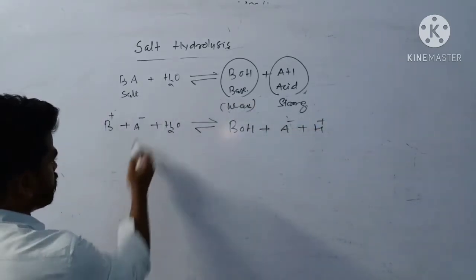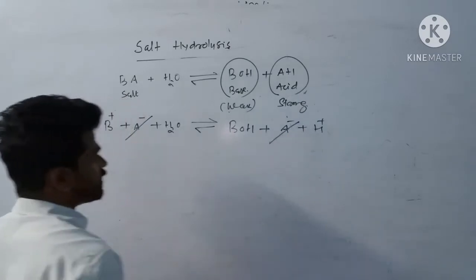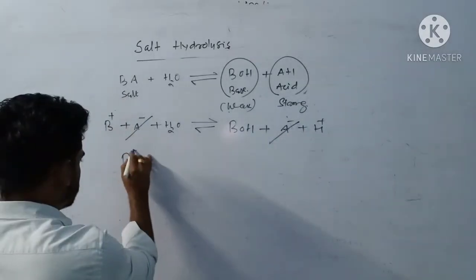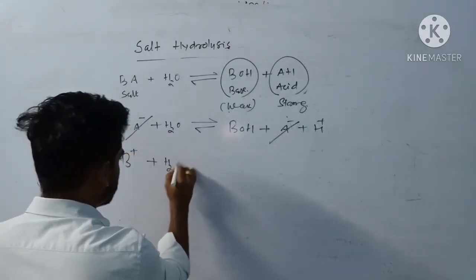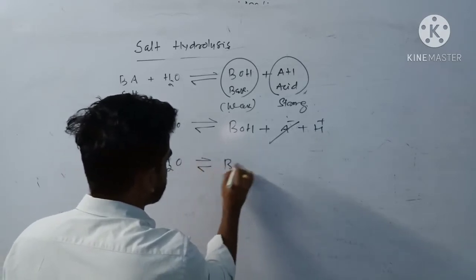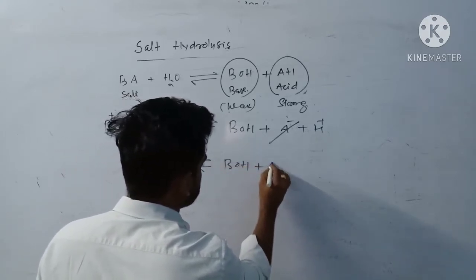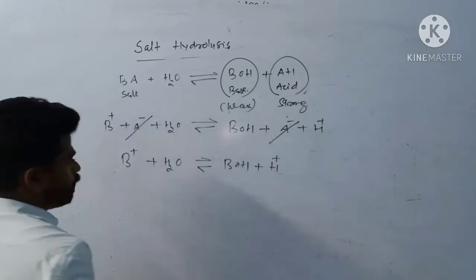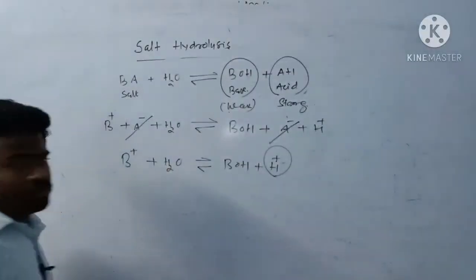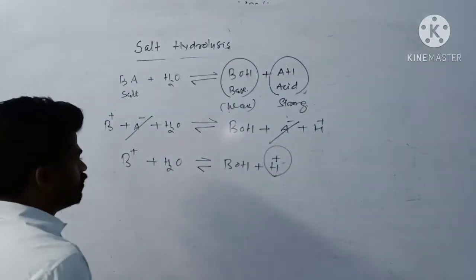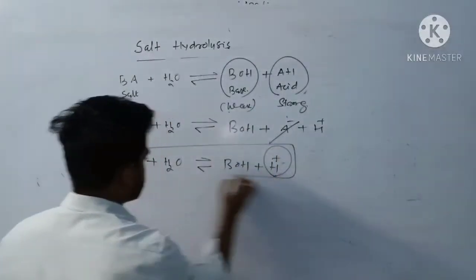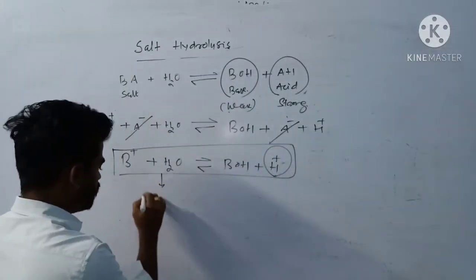And look over here, this A minus gets cancelled. The final equation is B plus plus H2O giving rise to BOH plus H plus. Here you see free H plus ions are produced. So the resulting salt solution is acidic in nature.